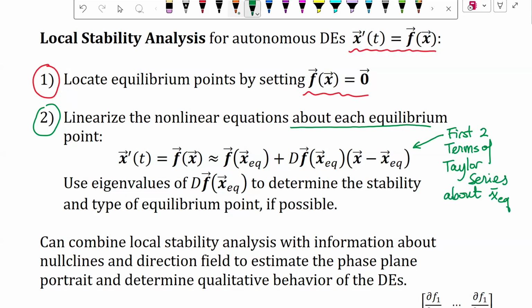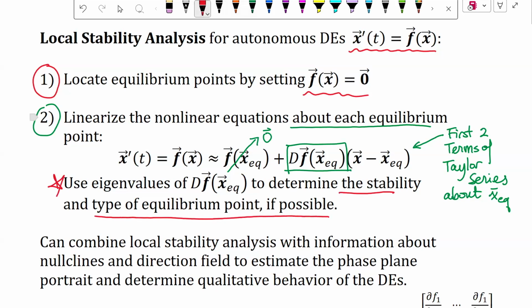And we noted that since we searched for the equilibrium point, this first term in the Taylor series expansion is simply going to be 0. This is the Jacobian evaluated at the equilibrium point, and we use the eigenvalues of that Jacobian to determine the stability and type of the equilibrium point that we have, if possible.